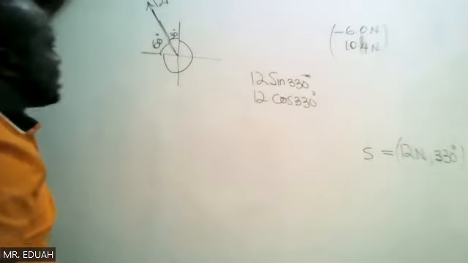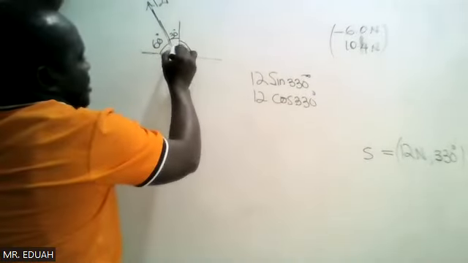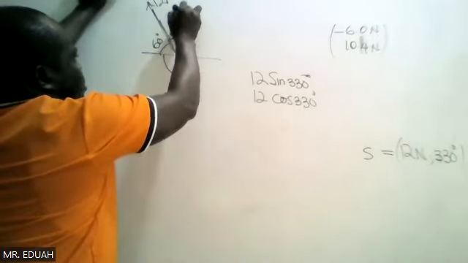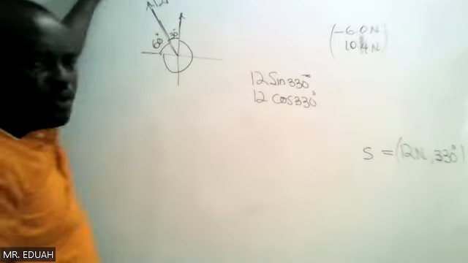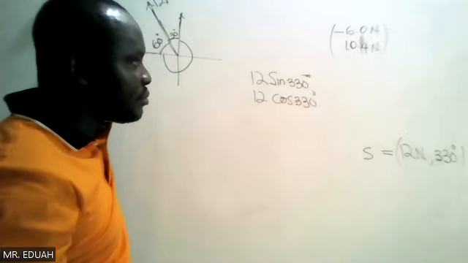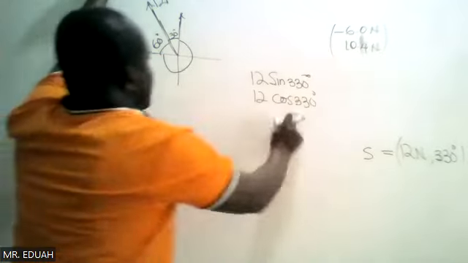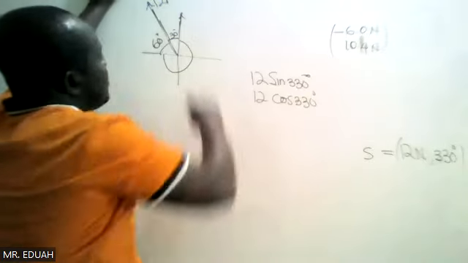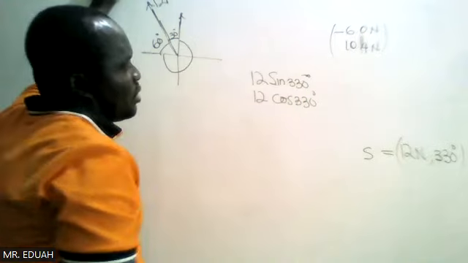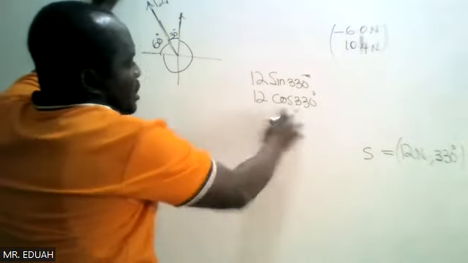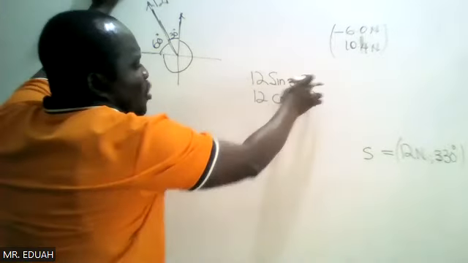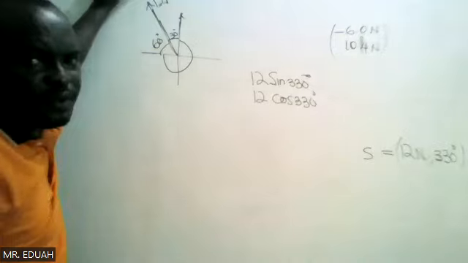Then the second possibility is the angle it makes with the y-axis. When you use the whole angle, whenever there is a negative, it will come by itself. 330 means that within this quadrant, only cosine will be positive. So this will be positive, this will be negative. But when you use the whole angle, it takes care of itself.